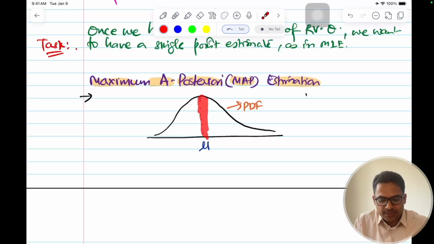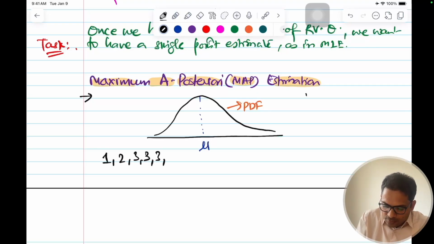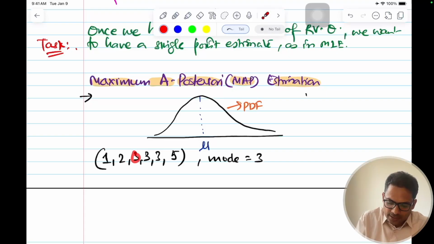That's why the probability is high here. So this is your mode or the peak. Mode means which entry has the highest count. Let me do a revision of the mode. Say I have a set like 1, 2, 3, 3, 3, 5. What will be the mode? Mode will be equal to 3, because 3 occurs multiple times.